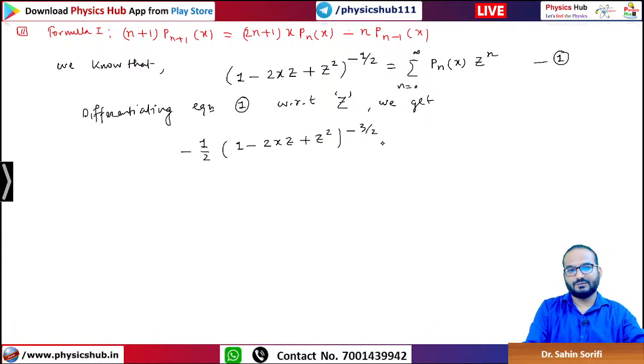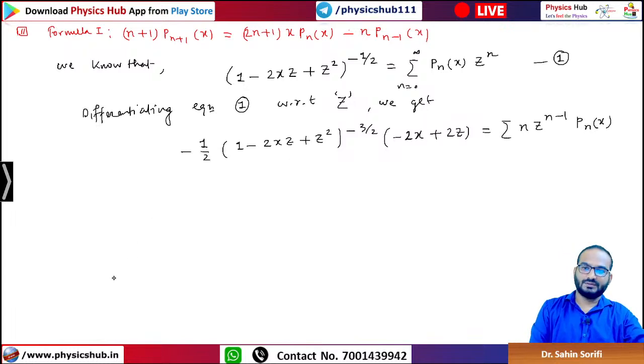We have taken the derivative with respect to z, so the derivative of the inner part gives you minus 2x plus 2z. This is equals to the sum over n z^(n-1) P_n(x), where P_n(x) is treated as constant because we are carrying out the derivative with respect to z.